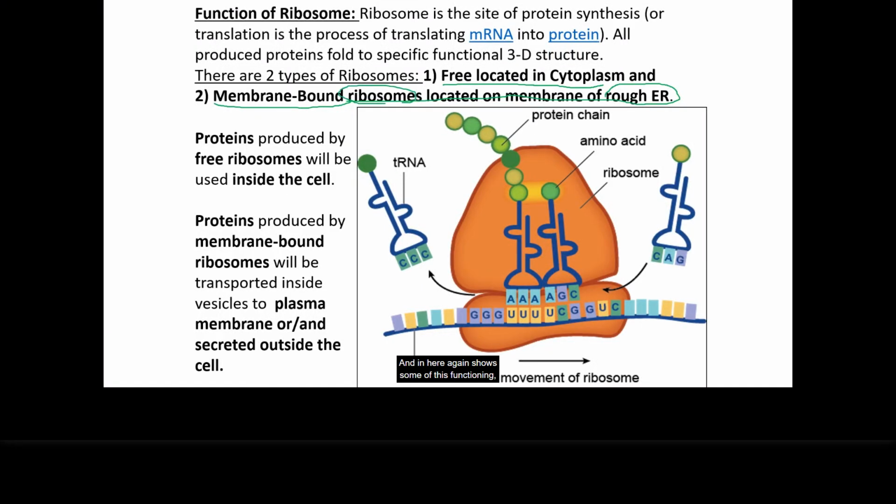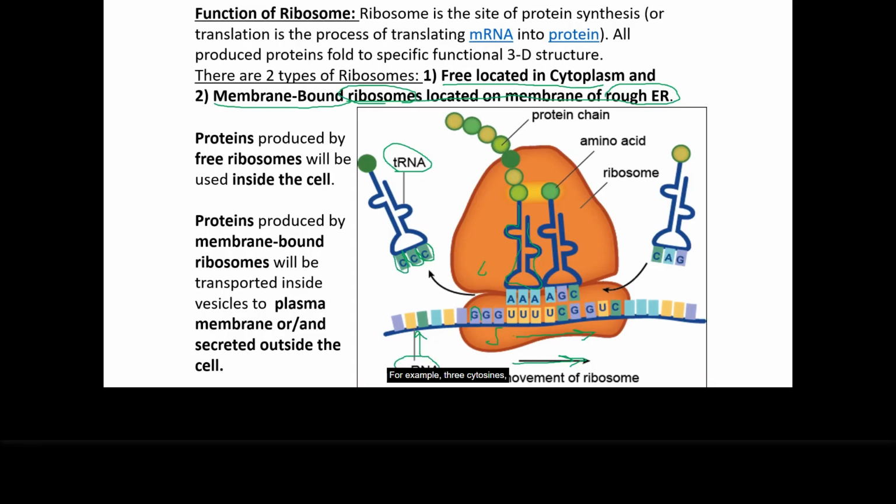And here again we show some of this functioning, the movements of the two subunits of the ribosomes, large and small, moving this way. And this is the molecule of the mRNA. Here we see different nucleotides: guanine, uracil, cytosine. And this dark blue structure is transport RNA. Each transport RNA has a special site to recognize a different type of nucleotide.